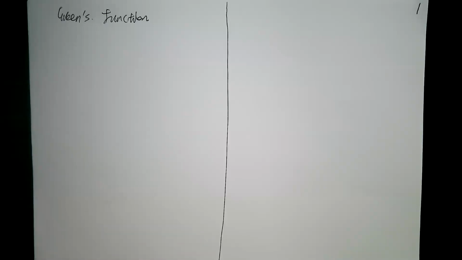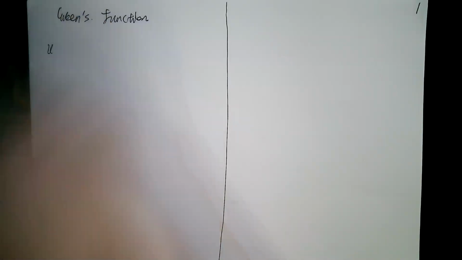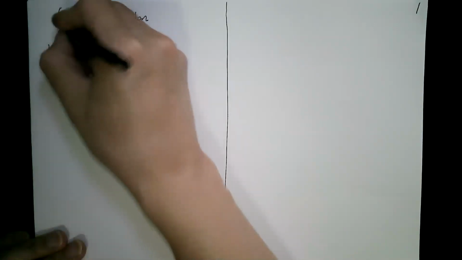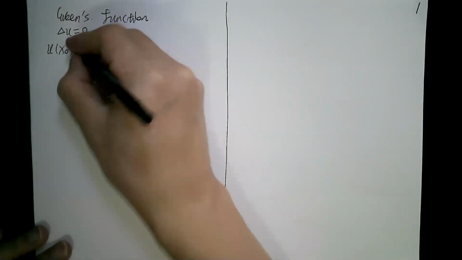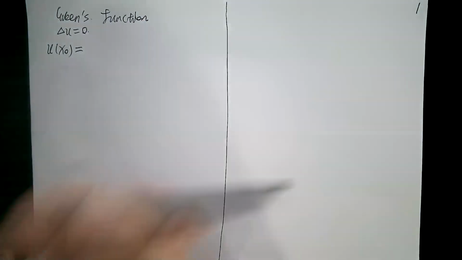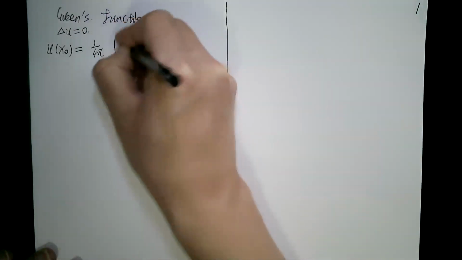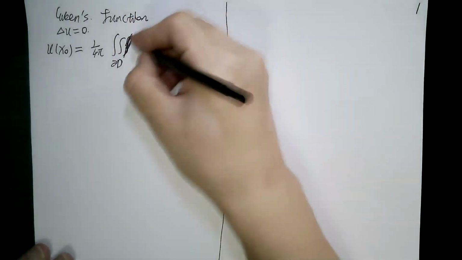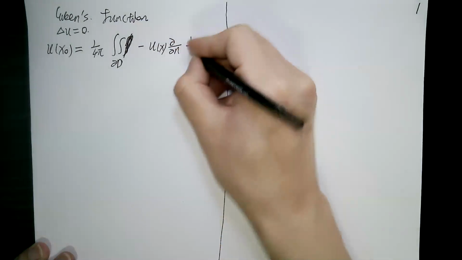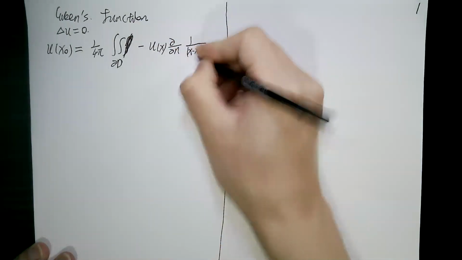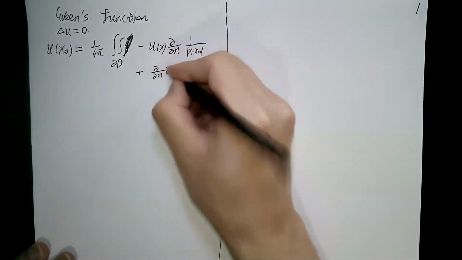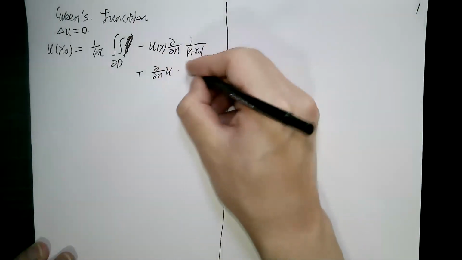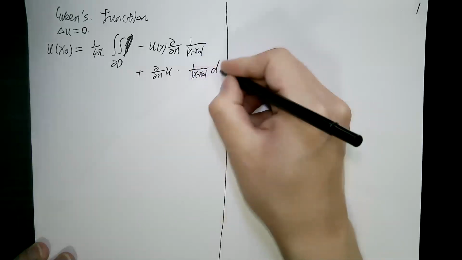At the end of yesterday's lecture, we got a representation formula for the solution of the Laplace equation, or harmonic function, on the domain D, which is 1 over 4 pi times the integral over the boundary of your domain of minus u at x times partial n of 1 over |x minus x0|, plus partial n of u times 1 over |x minus x0|, ds, okay?